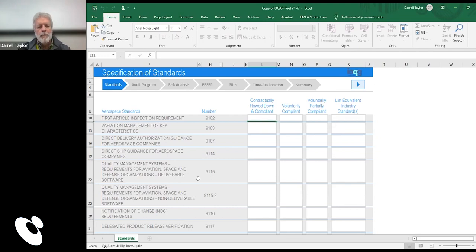So just a reminder, in here, one of the requirements we put into the standard was that we need to be clear on what standards, what AS standards they're using. This particular page serves two functions. One, it helps the standards committee understand all the work that's been done by all these OEMs in developing these standards.